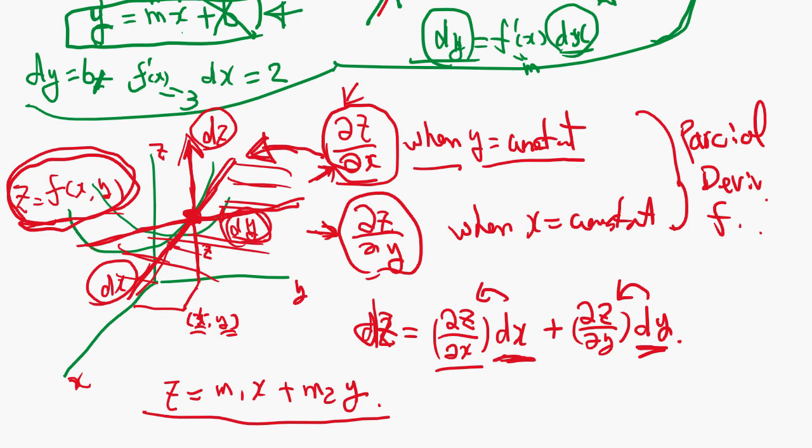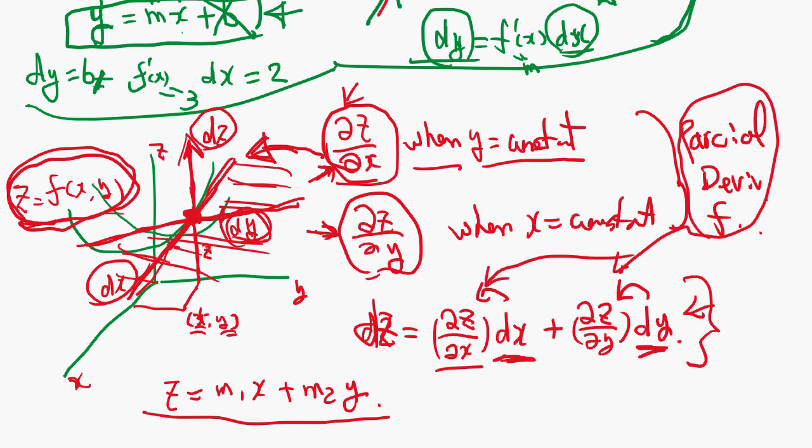So this is actually the derivative function of multivariable. Okay, so you need a slope along the x and you need a slope along the y. Those are called partial derivatives.